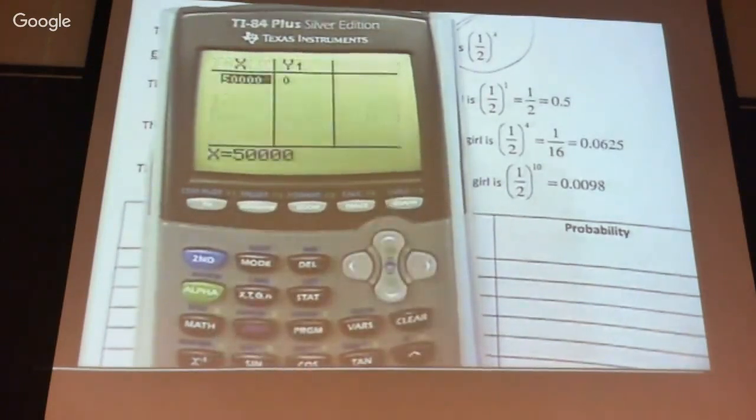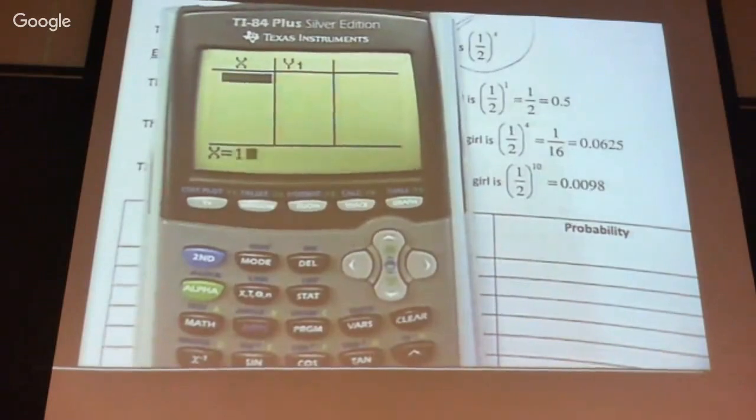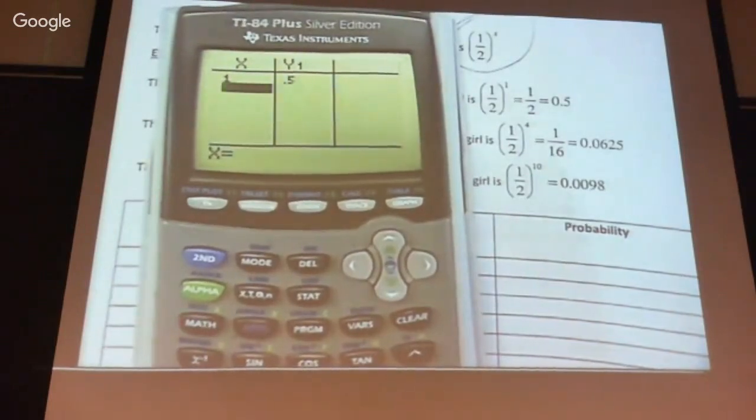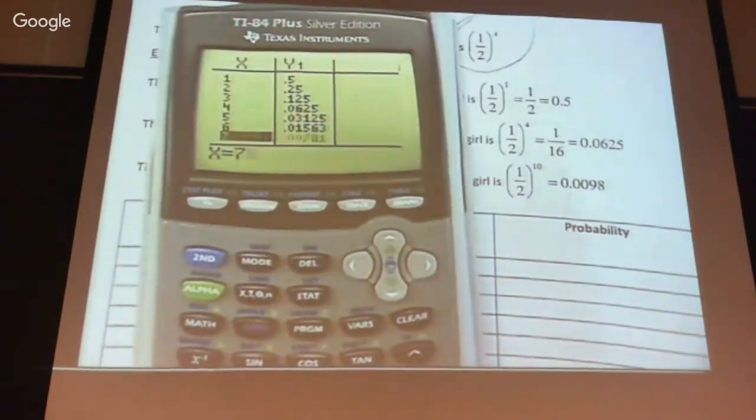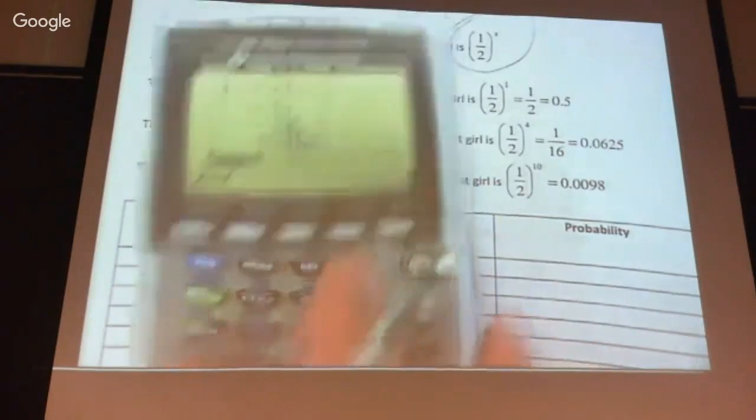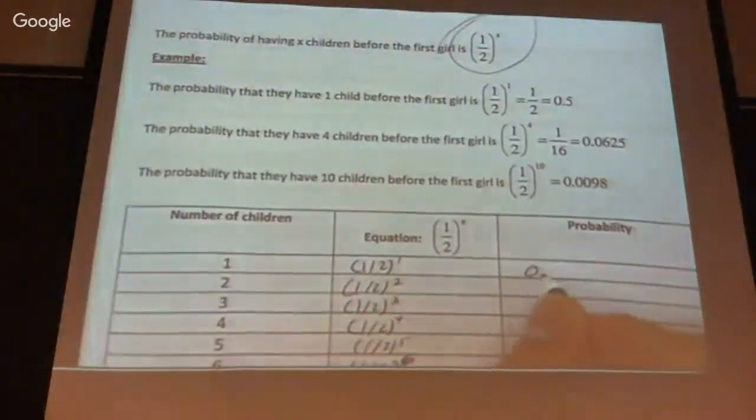Second graph. Now I can type in, what's the chance that the first one's a girl? 1. It takes the 1, plugs into the function, spits out 0.5. Then 2, 3, 4, 5, 6, 7. You'll notice that you run out of spaces after a while.